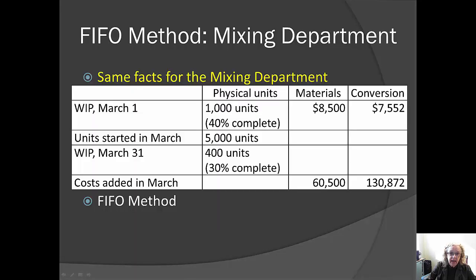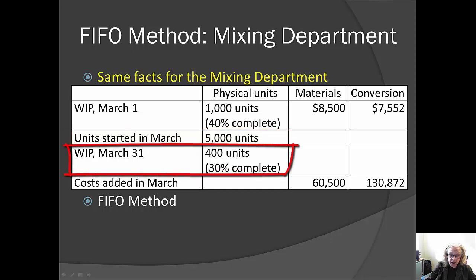So we're going to take the same exact fact pattern that we had in the mixing department, the first department in our hypothetical firm. And in this department, we started out with 1,000 units that were 40% complete, and we know that that related to their conversion costs because materials were all added at the beginning of the process. And during the period, the firm started an additional 5,000 units.